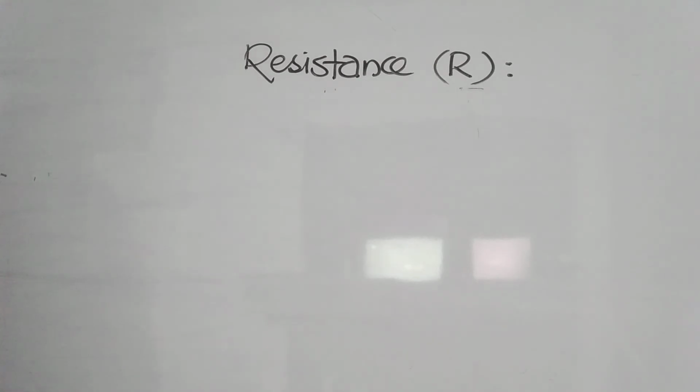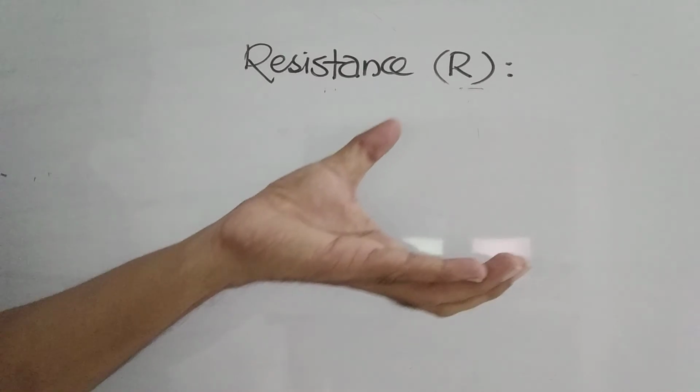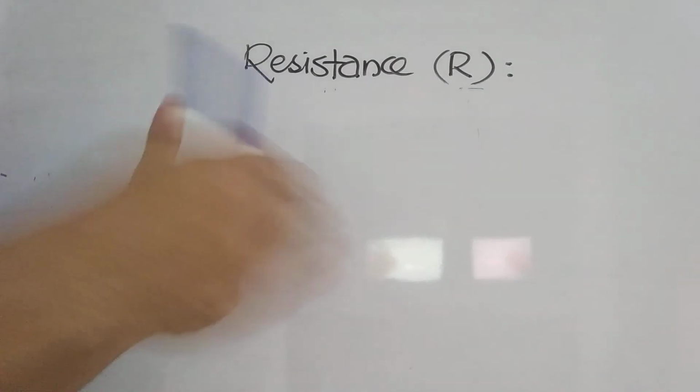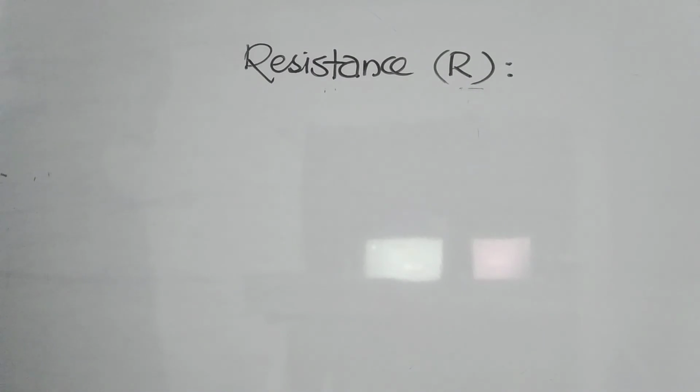The next term is resistance. Resistance is R. R is the opposition to the flow of current. Whatever opposition is coming to the current flow, you can call resistance. Even the English meaning of resistance is stopping. So it is the opposition to the flow of current offered by the electrolytic solution.